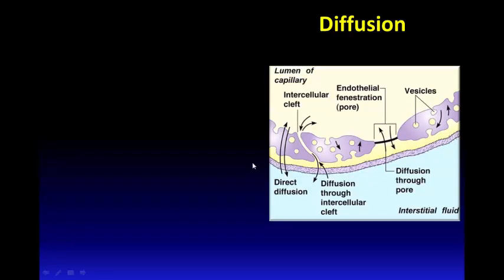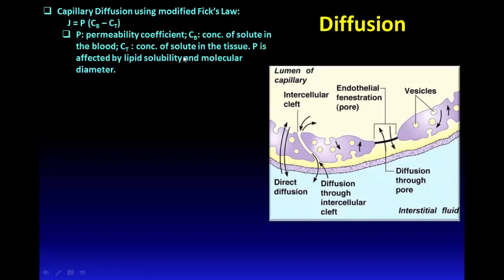The rate of diffusion of solutes across the capillary wall is determined by a modified Fick's law of diffusion, which states that the rate of diffusion J is directly proportional to the concentration gradient. Hence, the rate of diffusion is equivalent to the concentration gradient multiplied by P, which is the permeability coefficient.